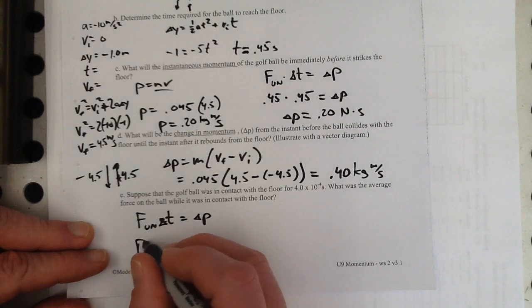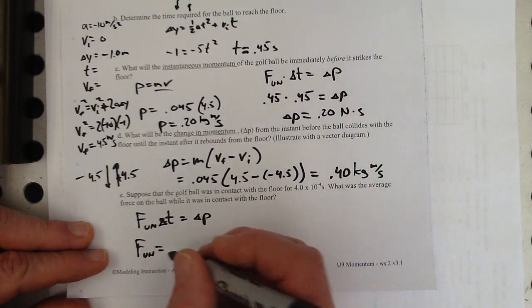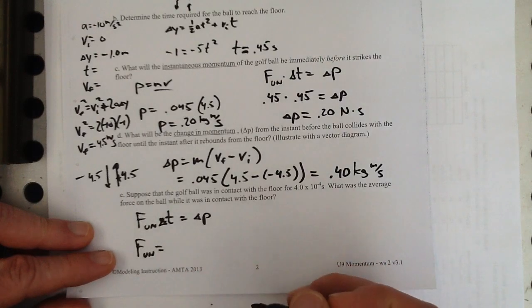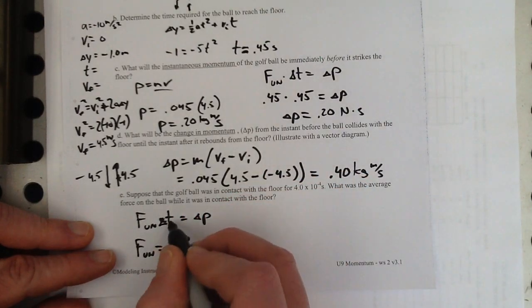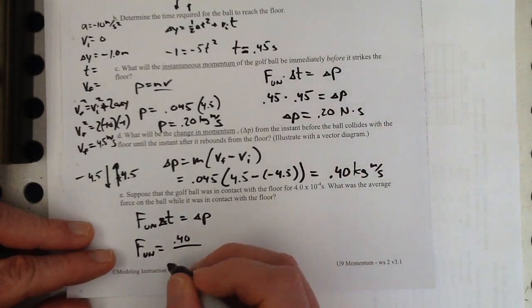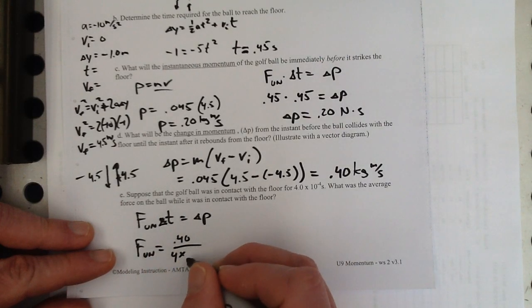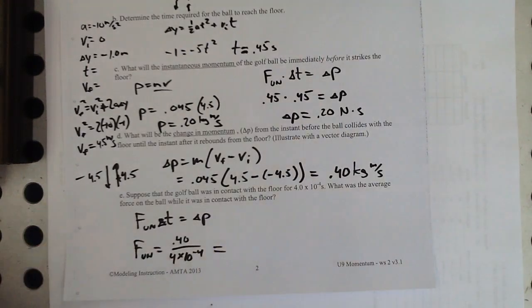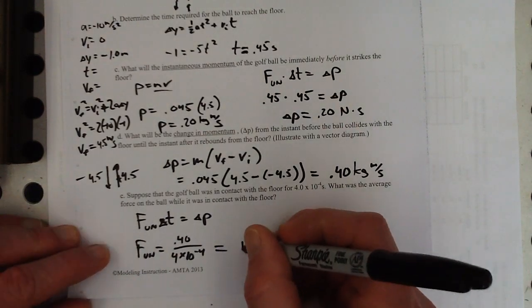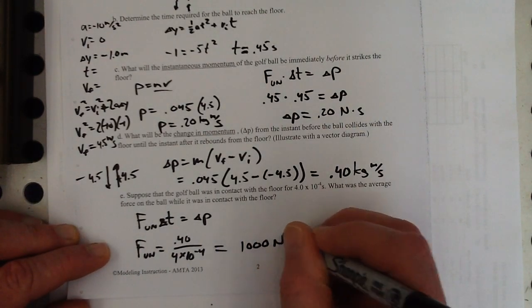So force is equal to, the change in momentum is 0.40, and I'm going to divide by time here, 4 times 10 to the negative 4. That gives me, let's see, 0.4 divided by 4 times 10 to the negative 4 is 1,000 newtons.